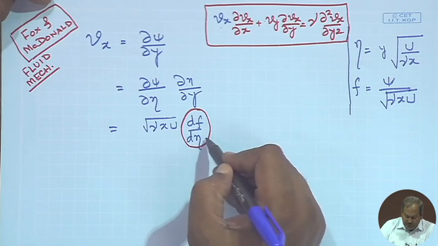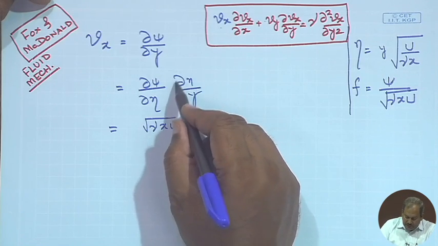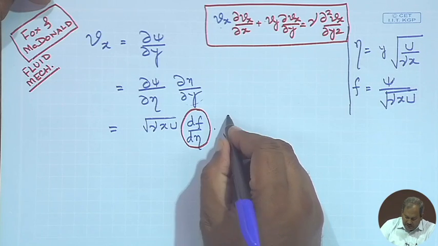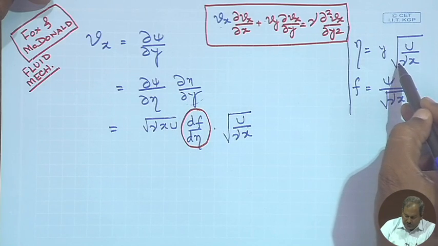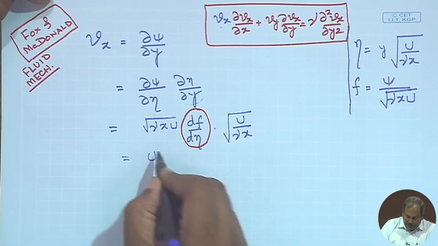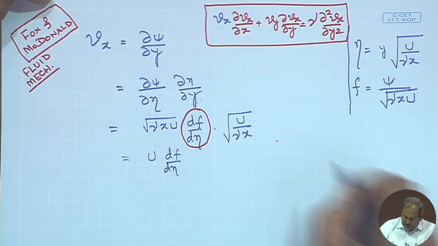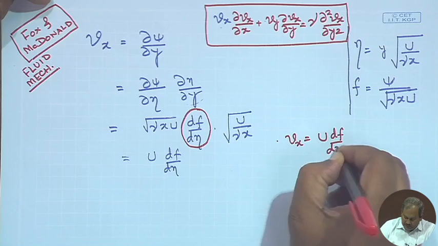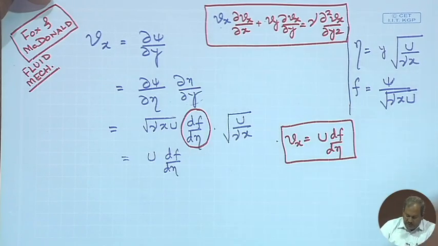So it's df d eta and not del f by del eta. And del eta by del y, from our definition of eta, is simply root of u by nu x. Therefore this expression is u times df d eta. So my Vx is equal to u times df d eta. This can subsequently be substituted in here.